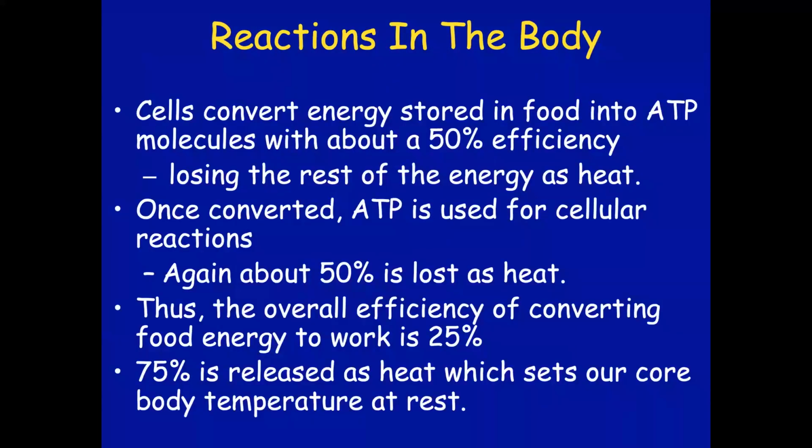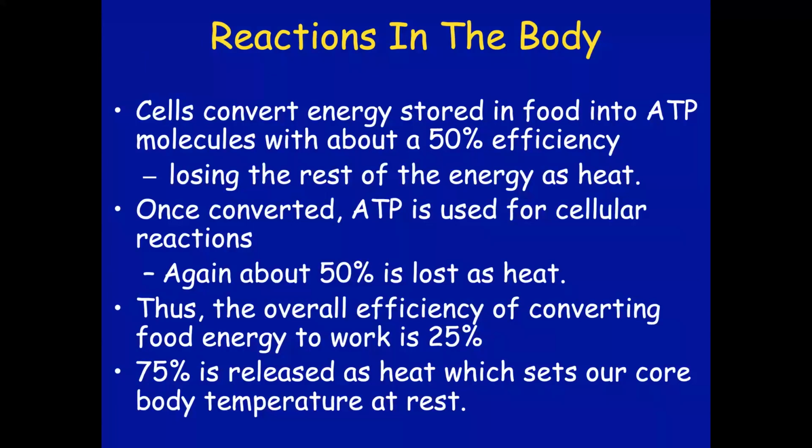So the reactions in the body to convert energy are not terribly efficient. Cells will convert energy stored into ATP with about a 50% efficiency rate. The rest of that energy is lost as heat. Once that energy is converted, it is used for chemical reactions on the cellular level.